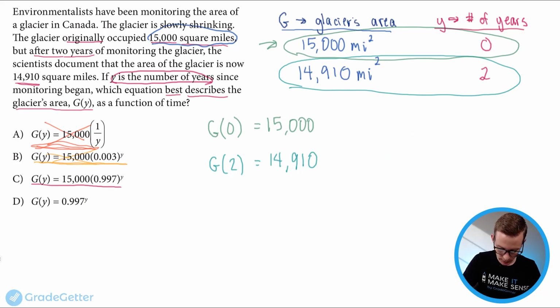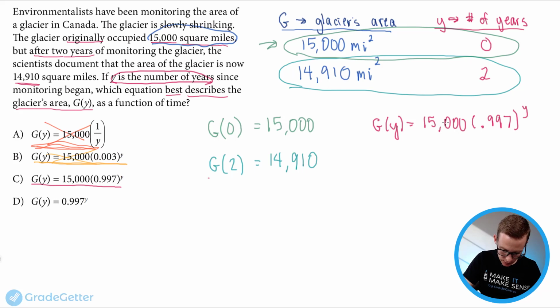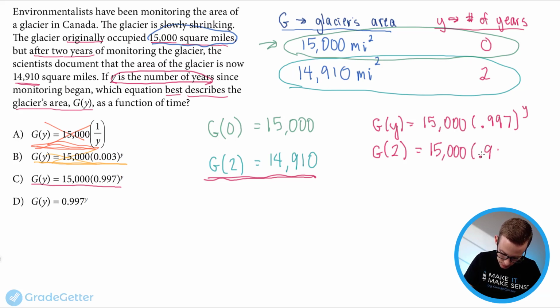So now let's go to C. C has this equation, g of y equals 15,000 times 0.997 to the y. And I'm going to test this value again. If my input is 2, I should get 14,910. So I'm going to plug in 2 for y. So 15,000 times 0.997 squared.